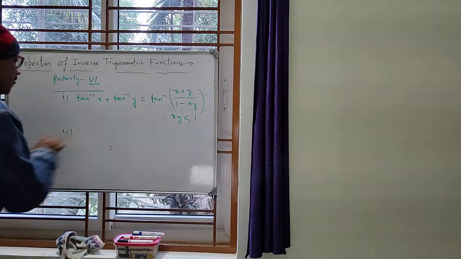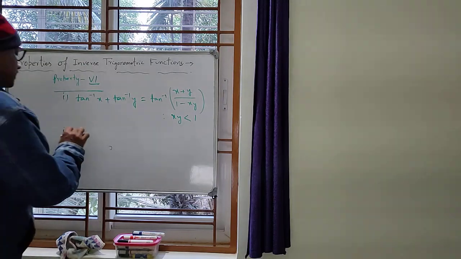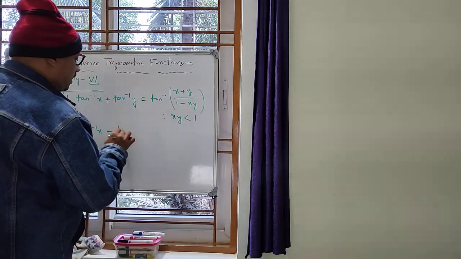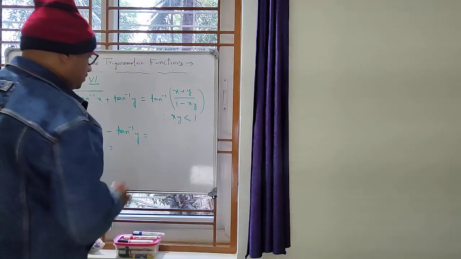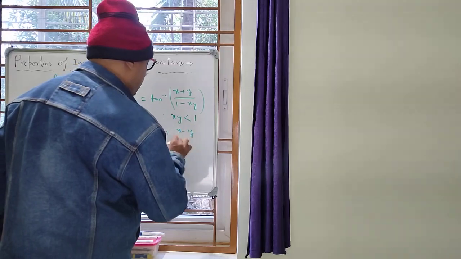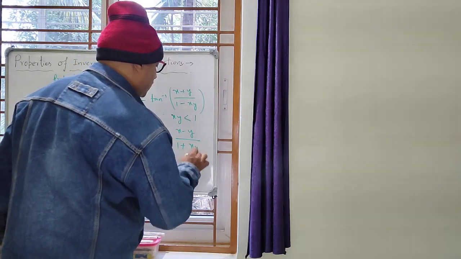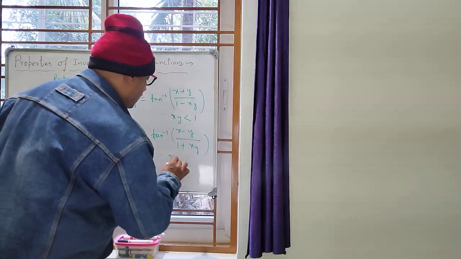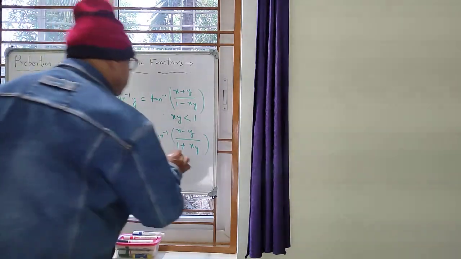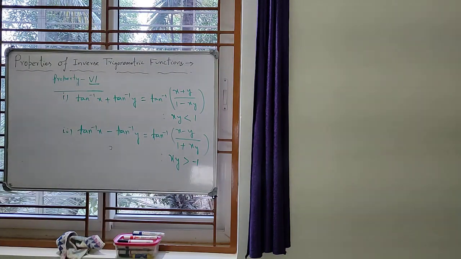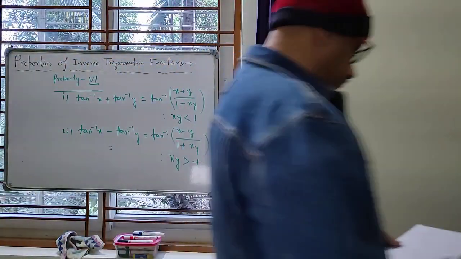And property 2, tan inverse x minus tan inverse y equals tan inverse of (x minus y) by (1 plus xy), for all xy greater than minus 1. That's all about the sixth property. Please note it down.